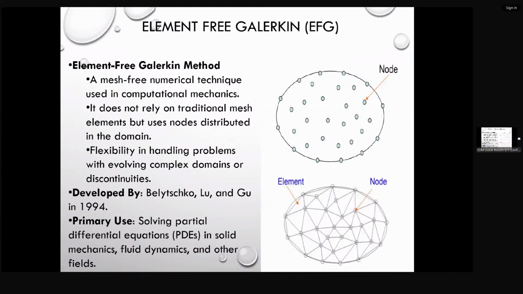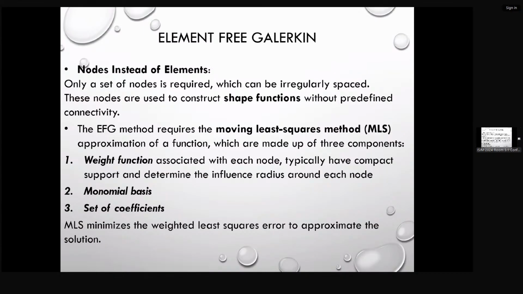I outline in short the element-free Galerkin method. It's a mesh-free numerical technique, but it's very useful in that case because we have flexibility for complex domains. Another important element is that it uses nodes instead of connected elements, so we can construct shape functions without predefined connectivity.